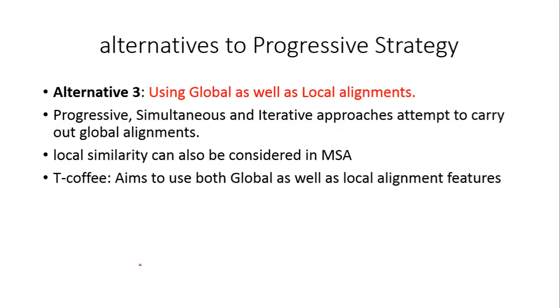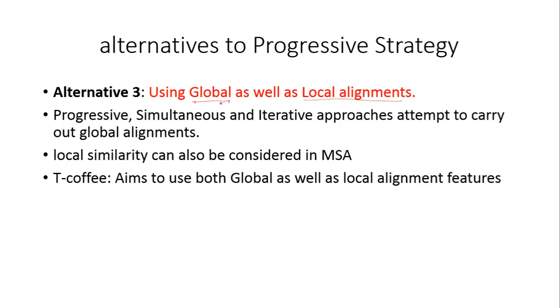Okay, the third alternative is that you can use both global as well as local alignment features in your multiple sequence alignment. So the approaches that we have used before were completely dependent on the global alignment approach for creating multiple sequence alignment.